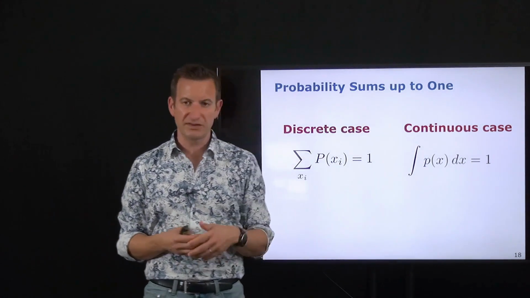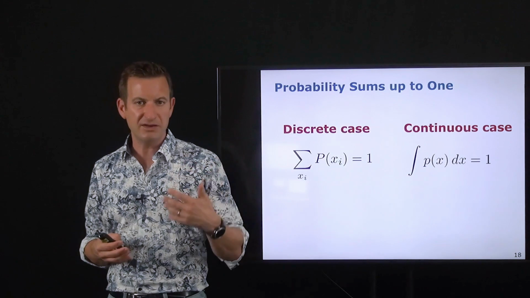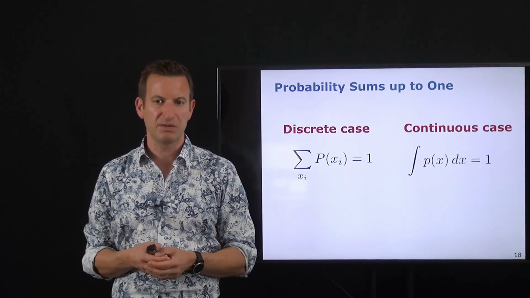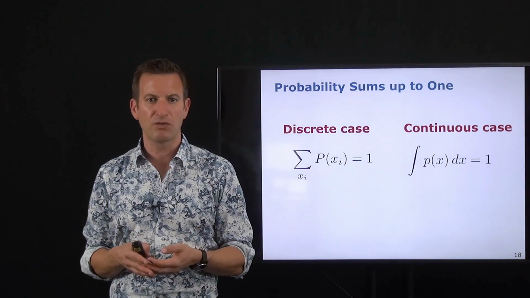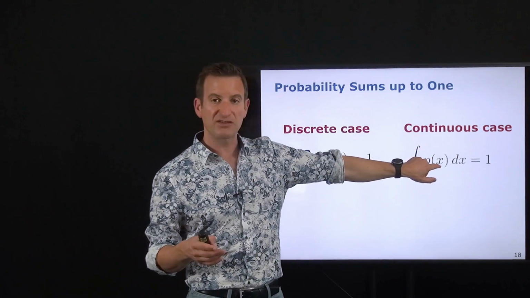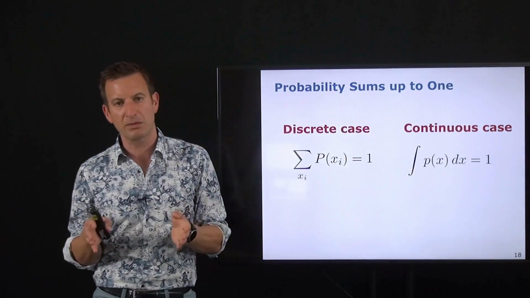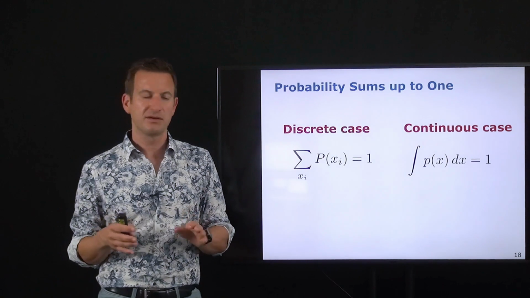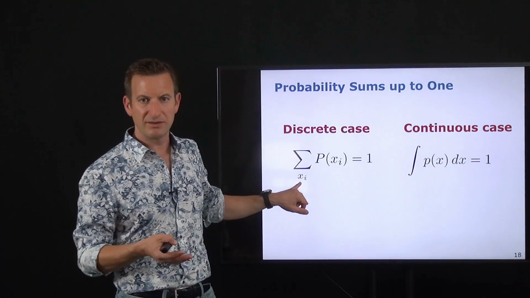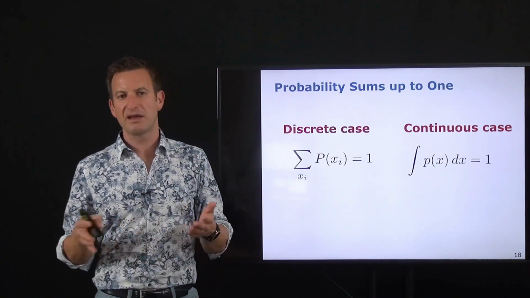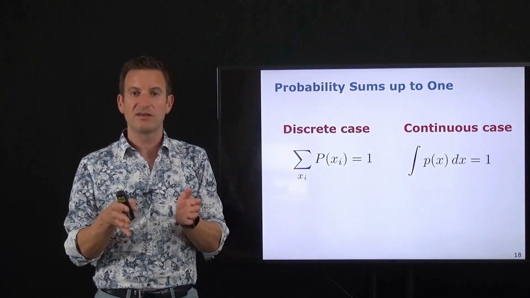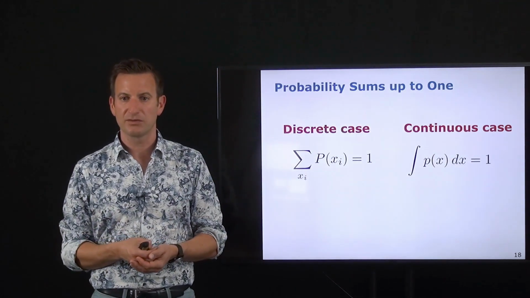In the continuous case, the equivalent is the integral over my density function, which must be 1. And if I'm not integrating over the whole space of values which x can take, just a subset, then it's just the probability that x lies in this subset. Similar to the discrete case, if I'm not summing over all values xi, just a subset, then I get the probability that the random variable capital X takes this subset of values.